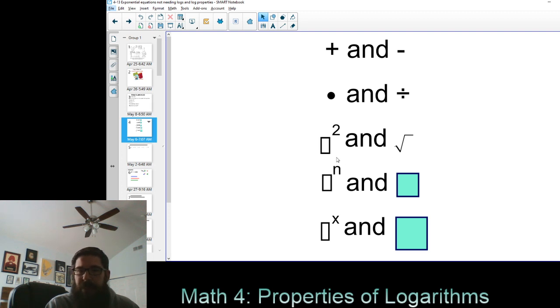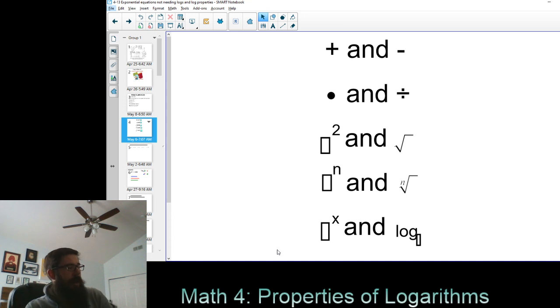If I had something to the nth power, meaning it could be squared or third or fourth or seventh or whatever number you like, what am I going to do? An nth root, whatever that same number is. Now in this case, if I have something raised to the x, and I'm trying to get that out, I'm going to need logs. This is where they come in. Logs are the inverse to exponentials, all right?